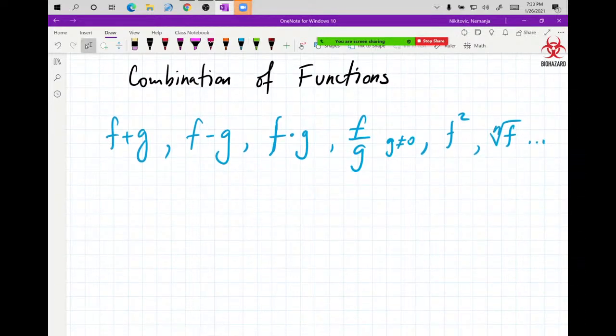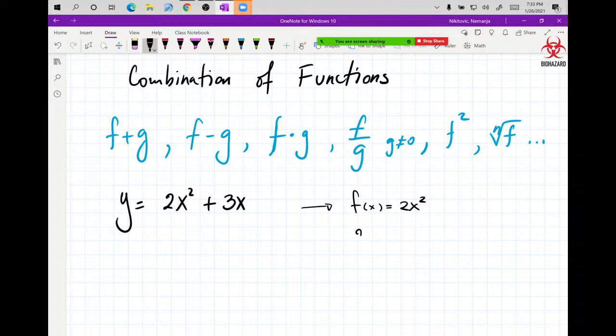Now, what are these combinations? Well, if I write y equals 2x squared plus 3x, you can decompose this if you want to. You shouldn't, but you can. You can decompose this into f of x equals 2x squared and g of x equals 3x.